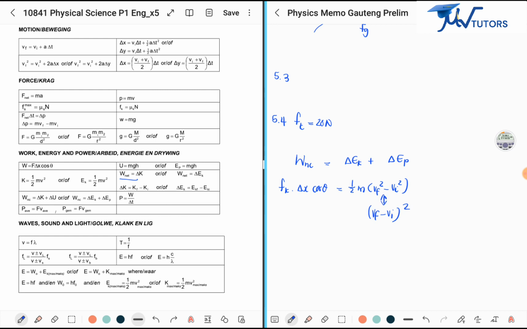Those two are not equal. Do not make that mistake, or else your answer will be incorrect. Now with the change in potential energy, we have mass times gravitational acceleration times final height minus initial height. So our force is 20 newtons.